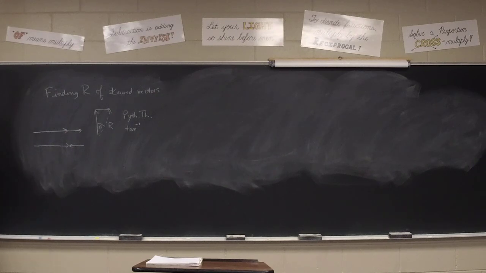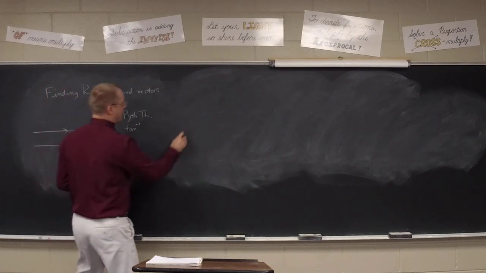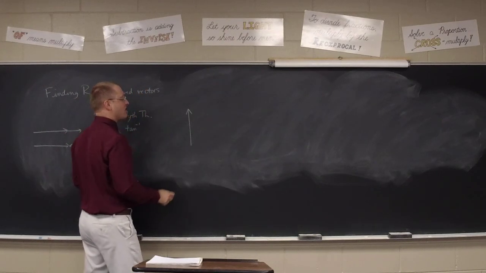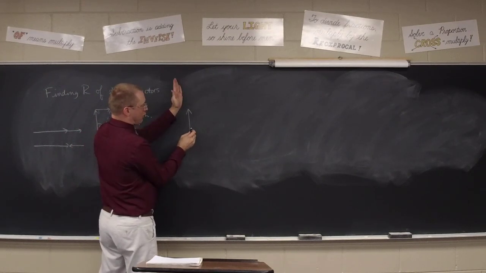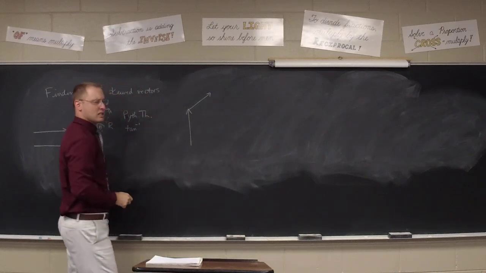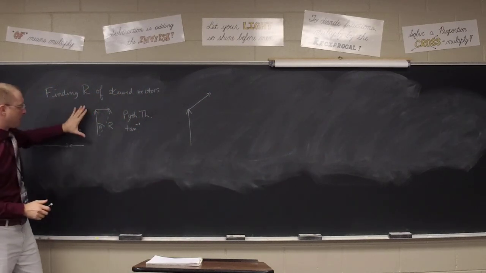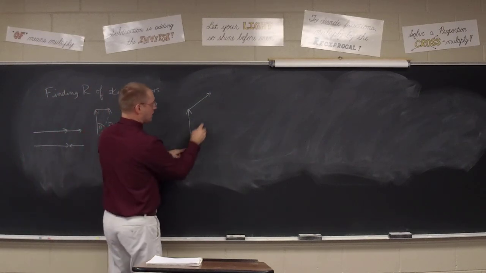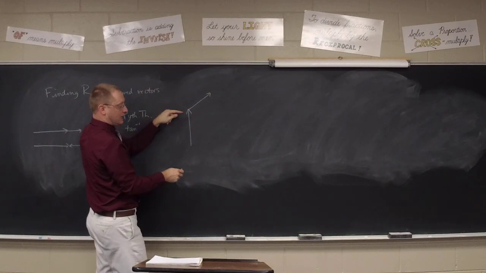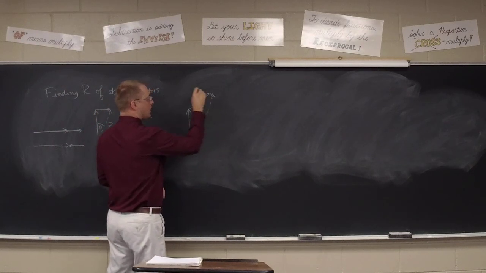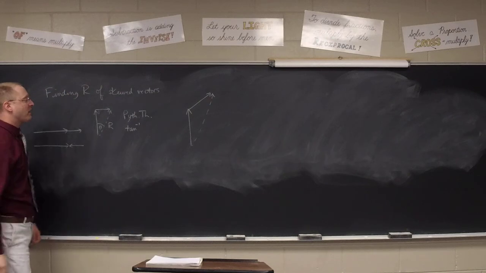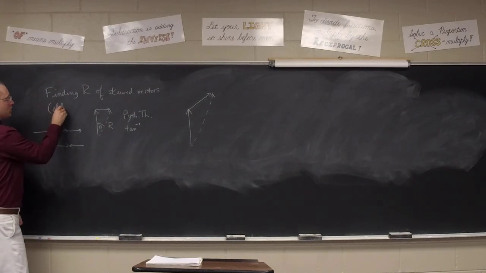Skewed vectors aren't any of these things. You'll have one vector maybe that goes like this, and then the next vector won't be at a right angle, but it also won't be in line. It'll be something like this. Well, if we took the same approach where we went from start to finish, putting the tail of the second at the head of the first, we don't have a right triangle. We have something called an oblique triangle.